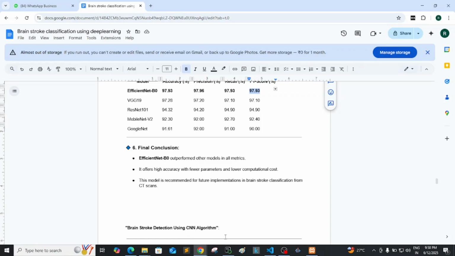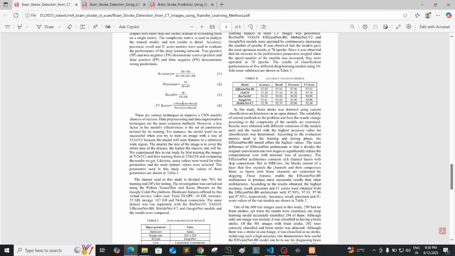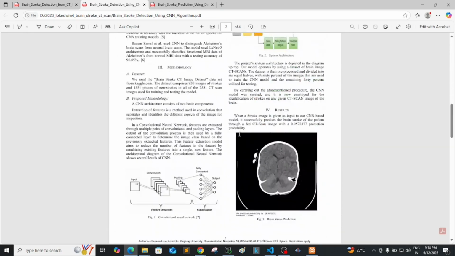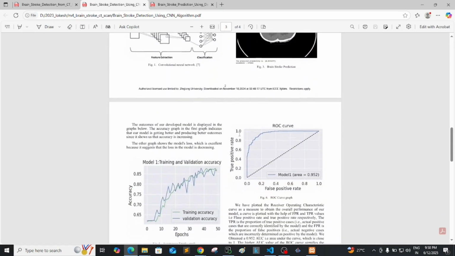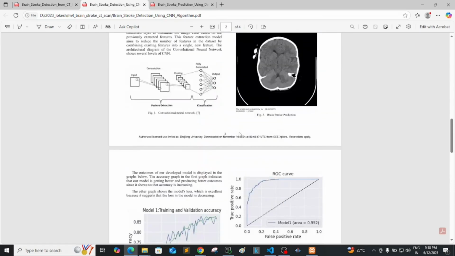Now comes this second one. So this is the second paper, which is a 2023 paper, an IEEE paper. Brain stroke detection using CNN algorithms. So in this, what models are being used, what methodologies are being used, what accuracy they are getting, we'll see one by one.